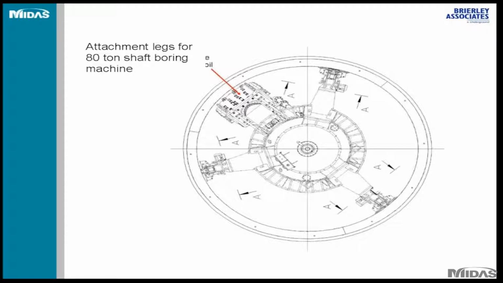Here is a plan view showing the shaft boring machine, and you can see the rotary grinder, or the drum, which cuts into the soil. You end up suspending this machine, which is about an 80-ton shaft boring machine, from 3 legs to the segments from inside, using a bracket or some plates attached to the side of the rings.